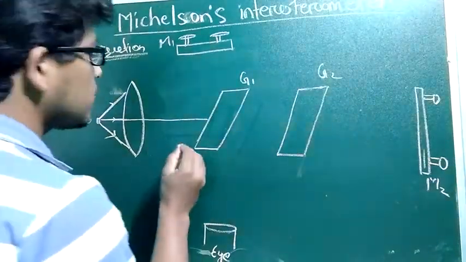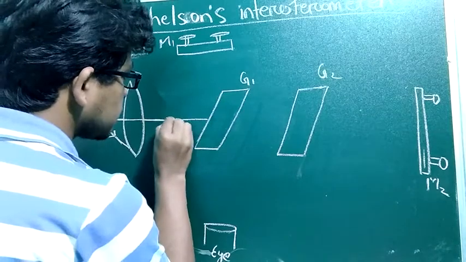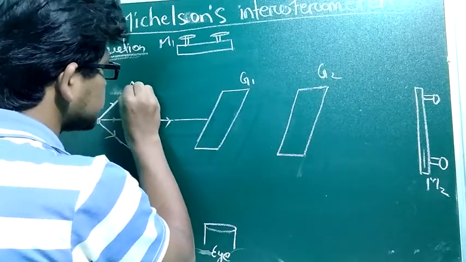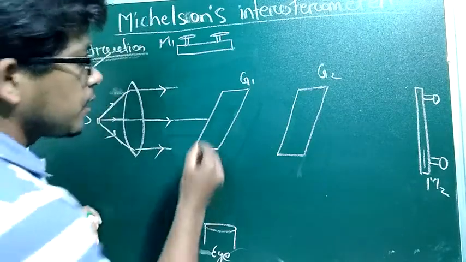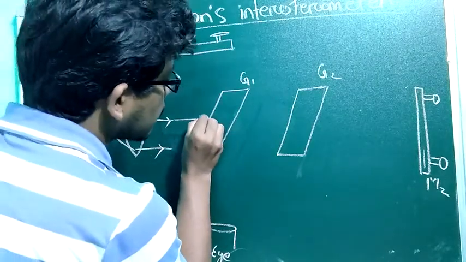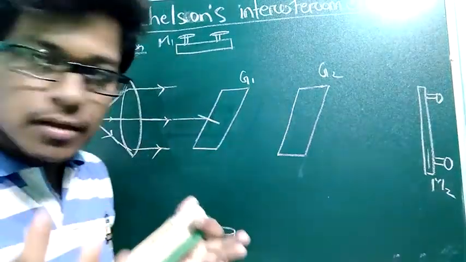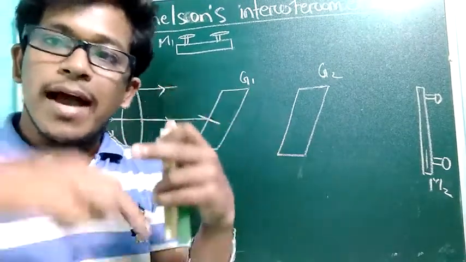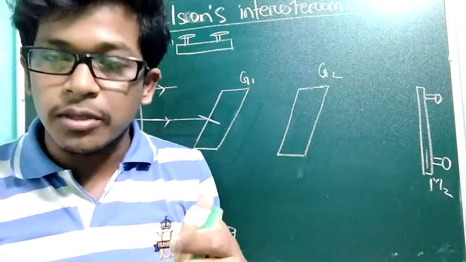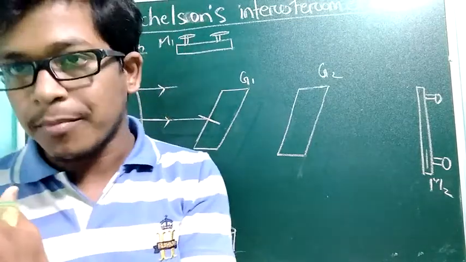So see what is happening now. This light came, this light is also coming parallel. Now here I have to plot a normal. That's the general concept: if a film is there and light is coming, we have to plot a normal. Then only we can decide whether the light will go towards the normal or away from the normal.